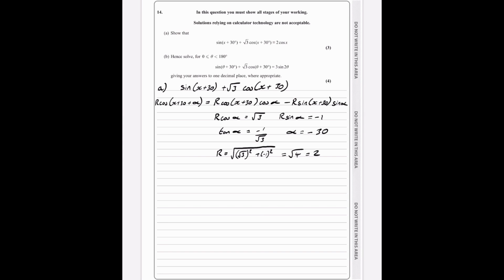And so what we've done is we've shown that sine of x plus 30 plus root 3 of cos of x plus 30 is going to be equal to r cos of x plus 30 plus alpha. We know r is 2, and we know that alpha is minus 30, so it's 2 cos of x plus 30 minus 30, and that's equal to 2 cos x, which is what the question wanted us to show.